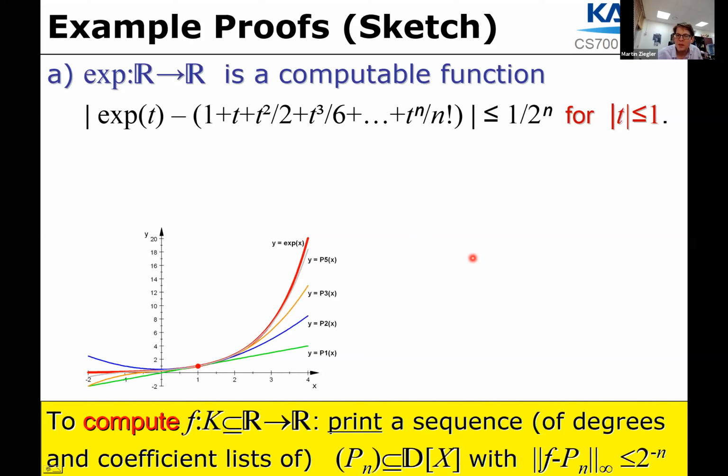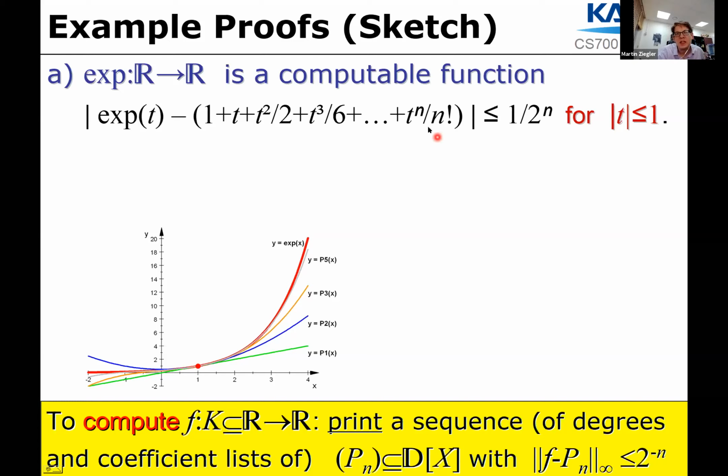So every polynomial has a finite degree and finitely many coefficients that are here supposed to be rational numbers. So in this sense, outputting one polynomial in that sequence is something that takes only finite time. But if we have a sequence of polynomials, then not only the sequence of their coefficients, but also the sequence of their degrees is required to be computable.